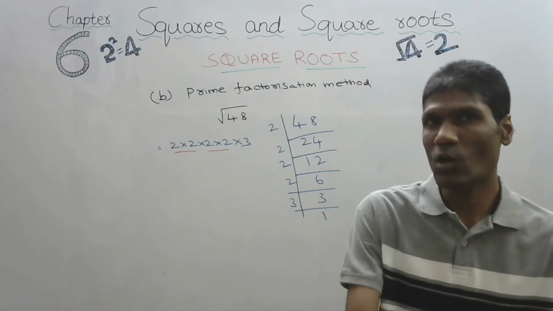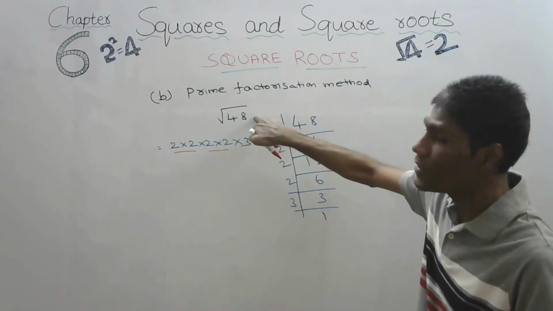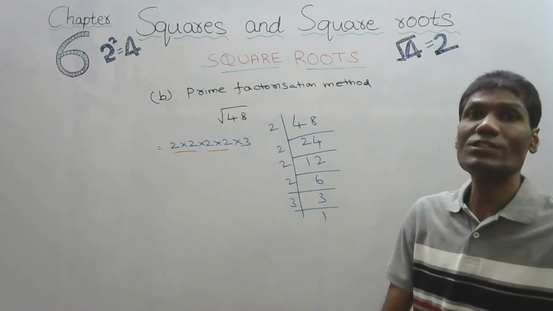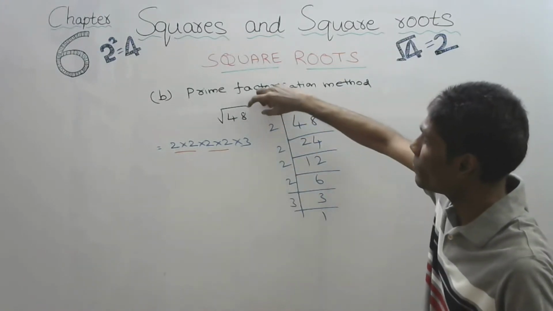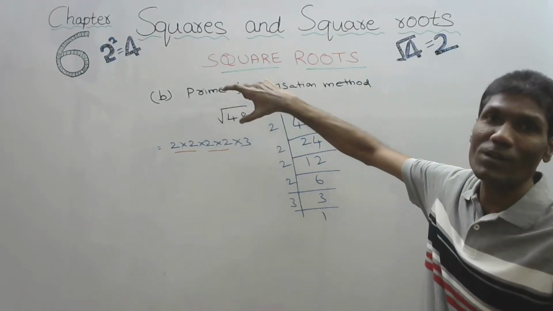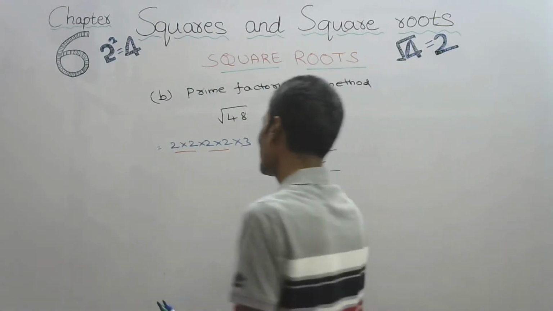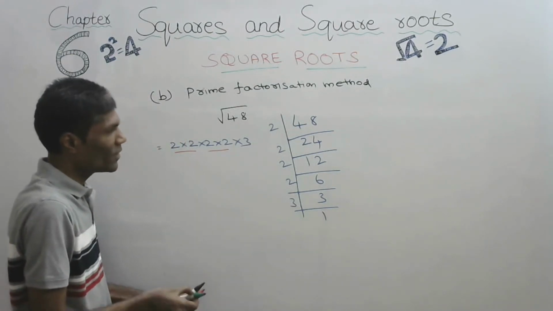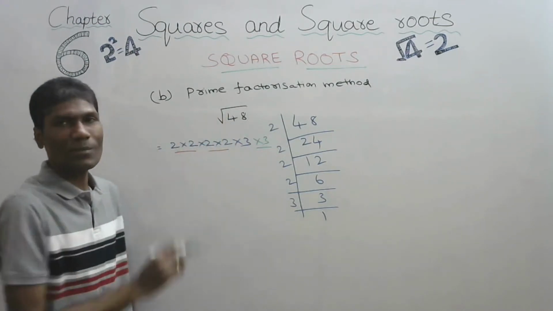Now let us elaborate on this. Somebody may ask you, if this is to be a perfect square, with which number we have to multiply? That is, with what number should we multiply 48 so that it becomes a perfect square? Simply we can say, if there is one more 3 here, then it is a perfect square.